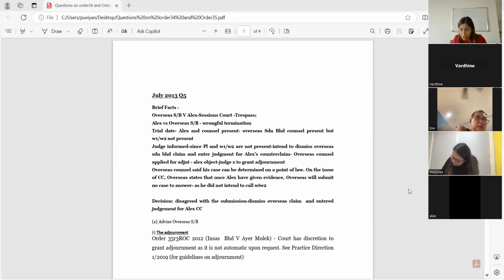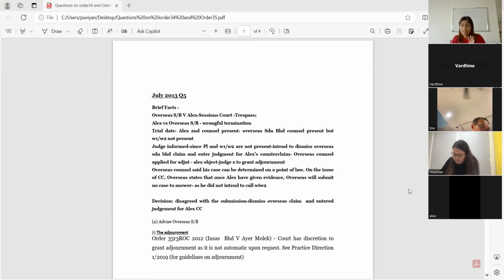Finish. Okay. If you want to add on one thing, let's say whether the appellate court can interfere, you can put it, but for me in this question, it is not necessary. Whether MGG Pillay versus Vincent Tan, you can put that case also. But if you don't want to put it, I will not put it because I think it is not relevant to the issue of whether the appellate court can interfere.